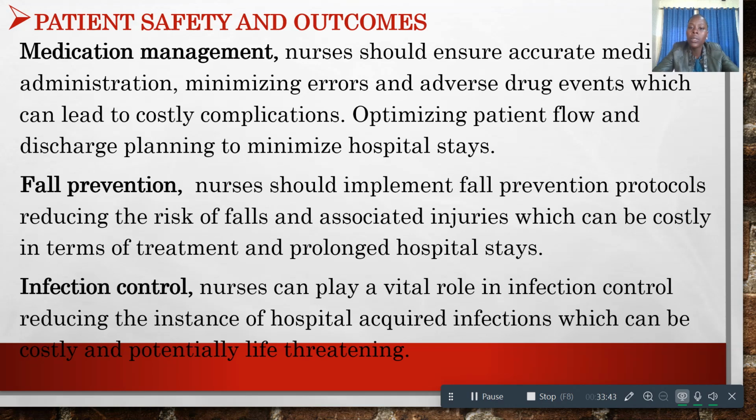Make sure the bed you are putting this patient in has side rails that are raised and fixed, to prevent such incidents, which would lead to falls and associated injuries, and in turn keep this patient longer in the hospital. And the more they stay in the hospital, the more they incur costs. Don't forget that our aim for hospital economy is to keep hospital costs as low as possible.